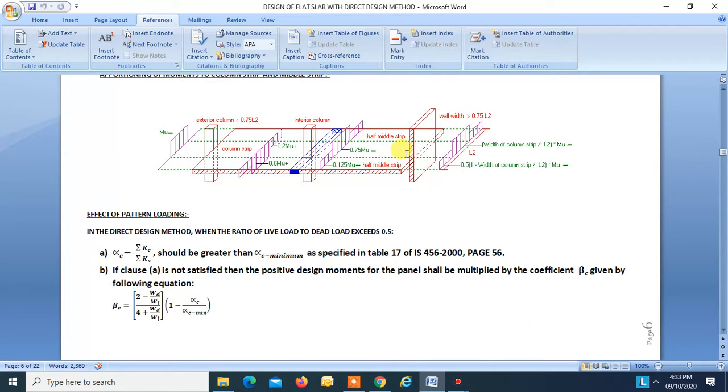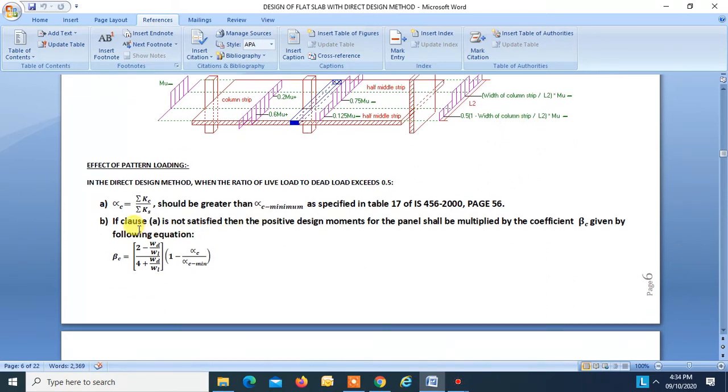So whatever negative moment is at this section, the part of the moment transferred to the column strip will be in this proportion: width of the column strip divided by L2 into mu, and the moment transferred to the two half middle strips will be in this proportion, that is 0.5 into 1 minus width of the column strip divided by L2 into mu.